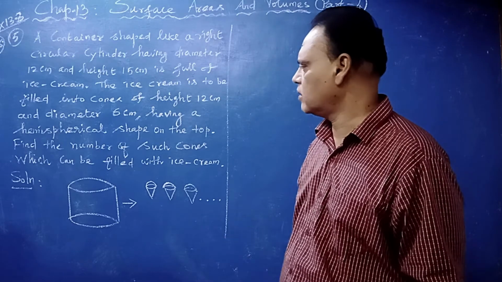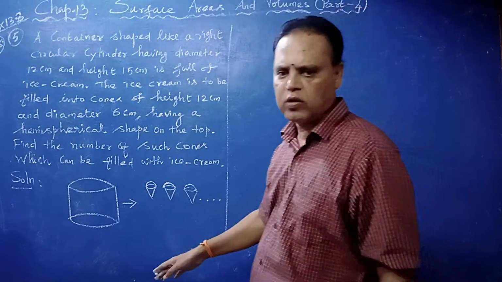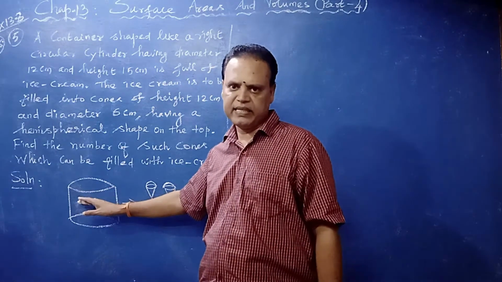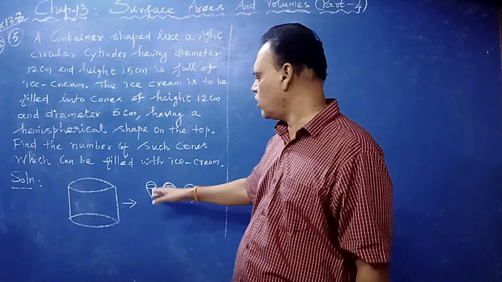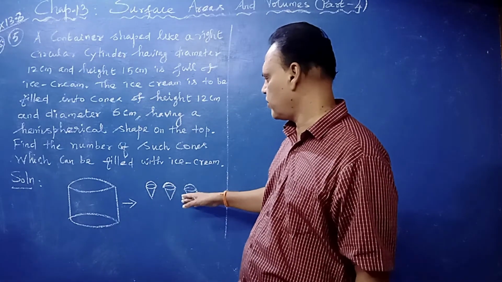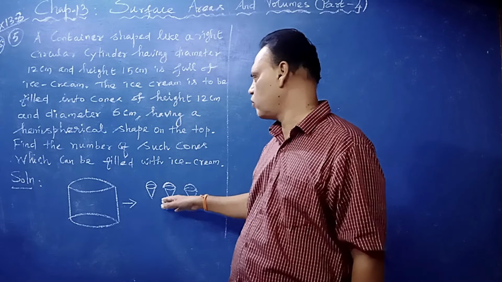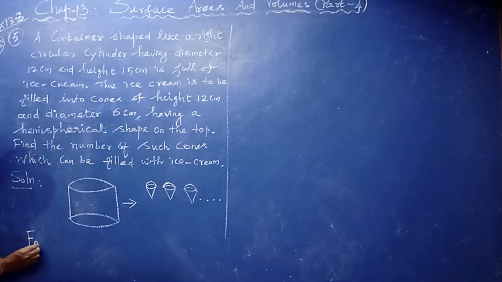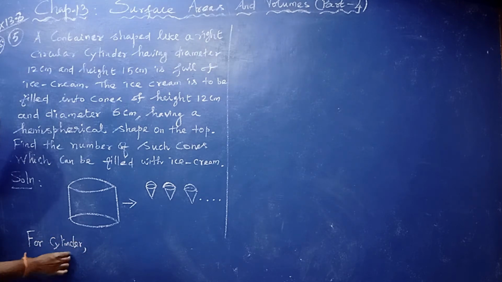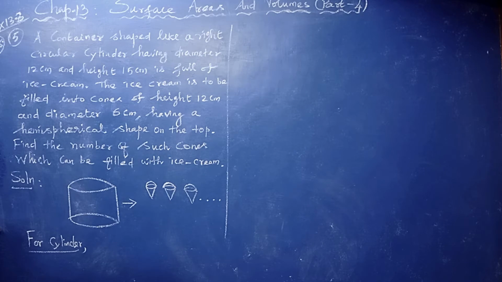So very simple this one. The volume of ice cream in the cylindrical container is equal to the volume of ice creams in the number of cones. Clear? For the cylinder, first you write the right circular cylinder having diameter 12 centimeter.